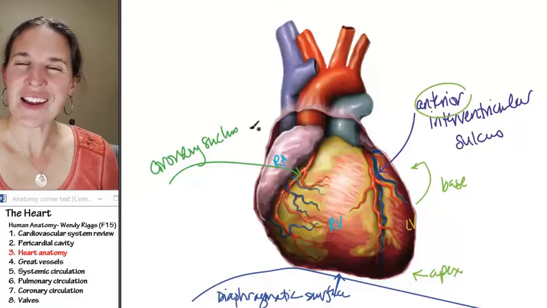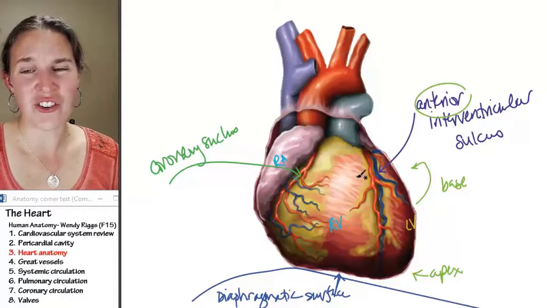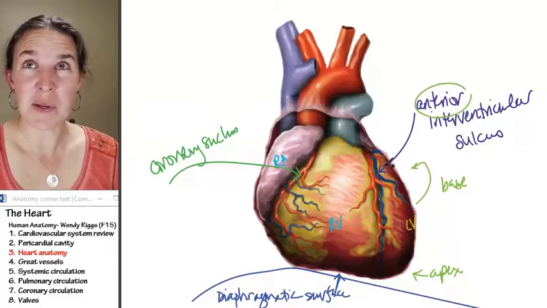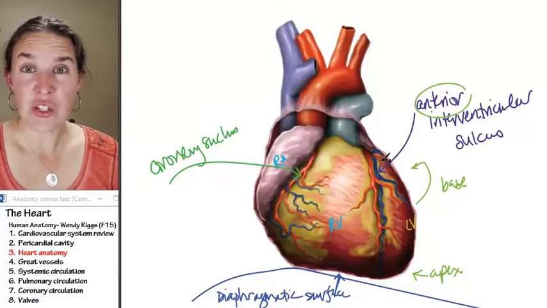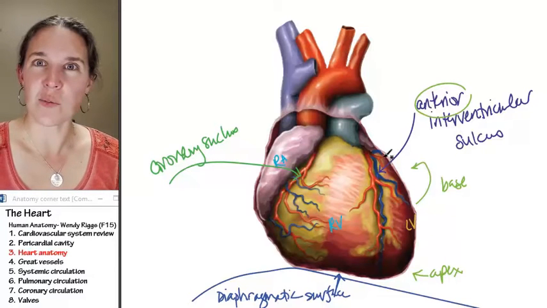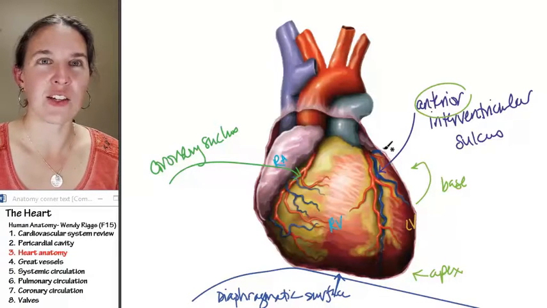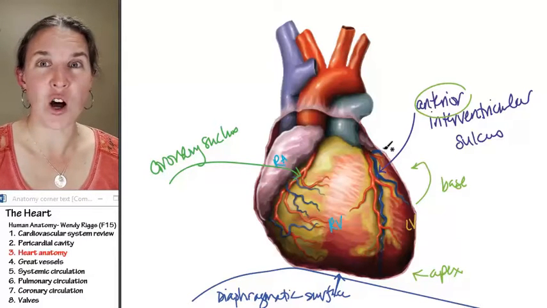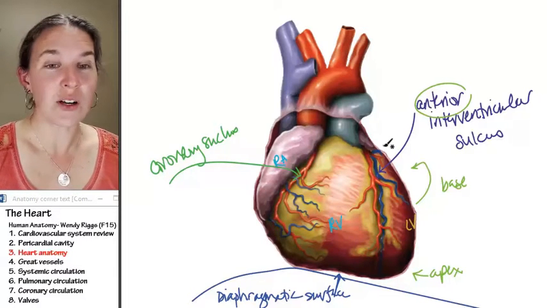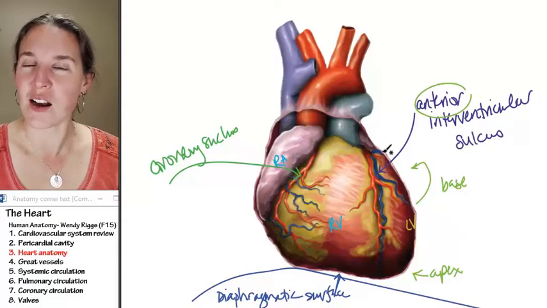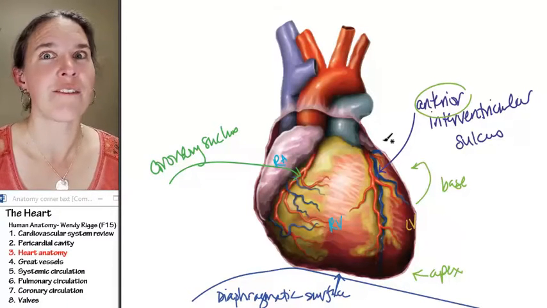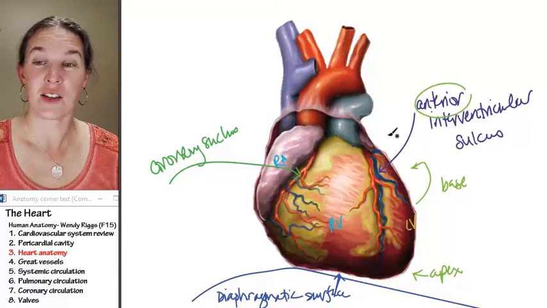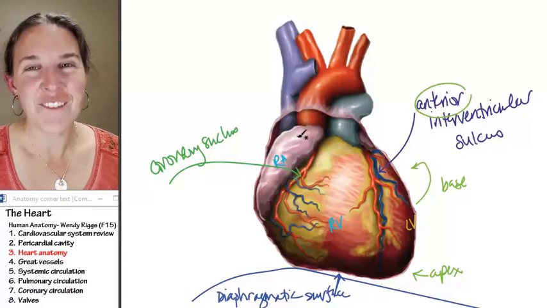If you think about it, and we'll talk about this in coronary circulation, but since we're here, the heart is pumping blood to everybody. So just like when you're on an airplane and you start losing pressure and the oxygen masks fall from the ceiling, you are clearly instructed to place the oxygen mask upon your own face before assisting other people around you. The heart feeds itself first.